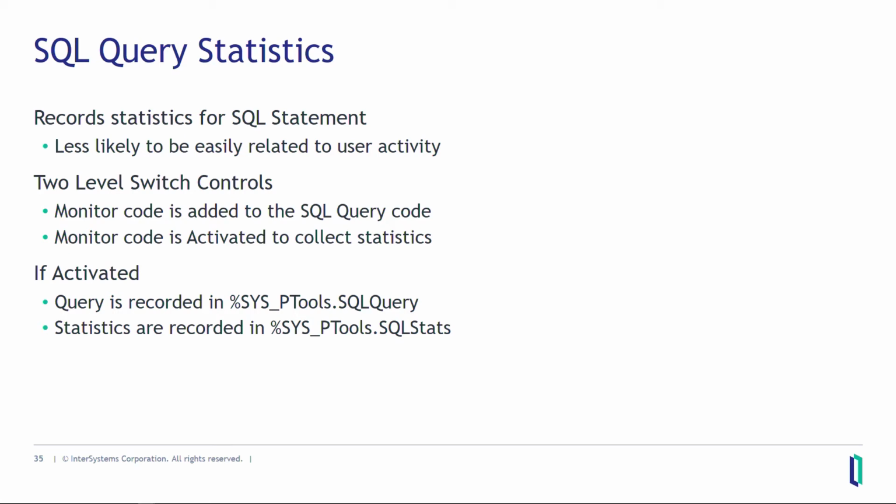The SQL query statistics. This is moving a little bit further away from recognizable end user activities. In a lot of applications, it's very easy to associate particular SQL queries with a particular report. You can see that it's in this page, it's a report, it does this query. In a lot of applications, that pretty much defines what that page or report does.